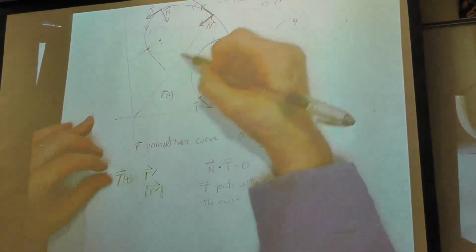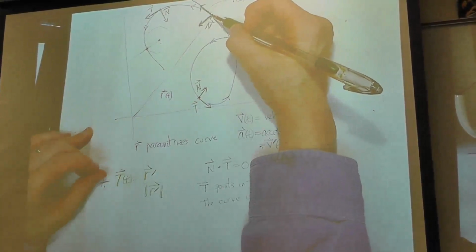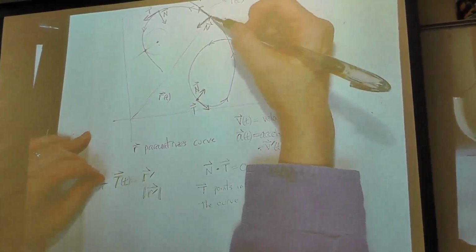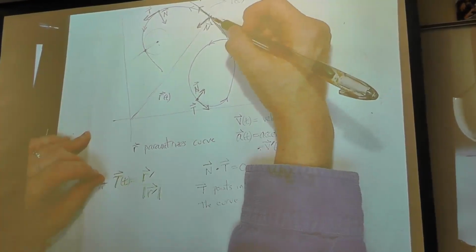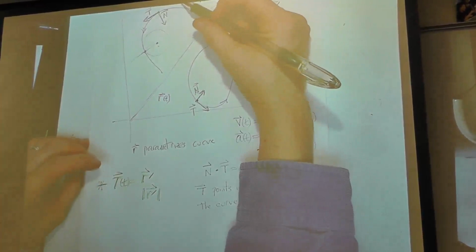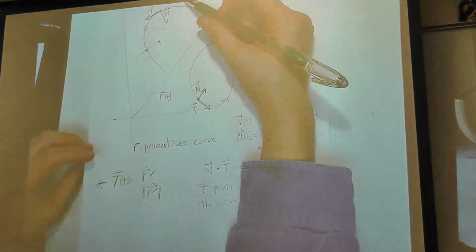So R is giving me position. It tells me at any given point in time, where am I on this curve? R prime gives me velocity.